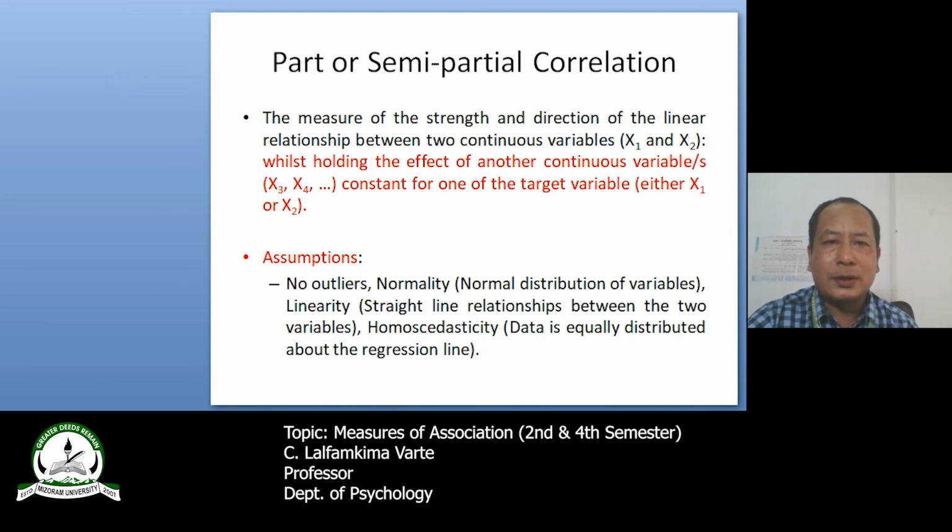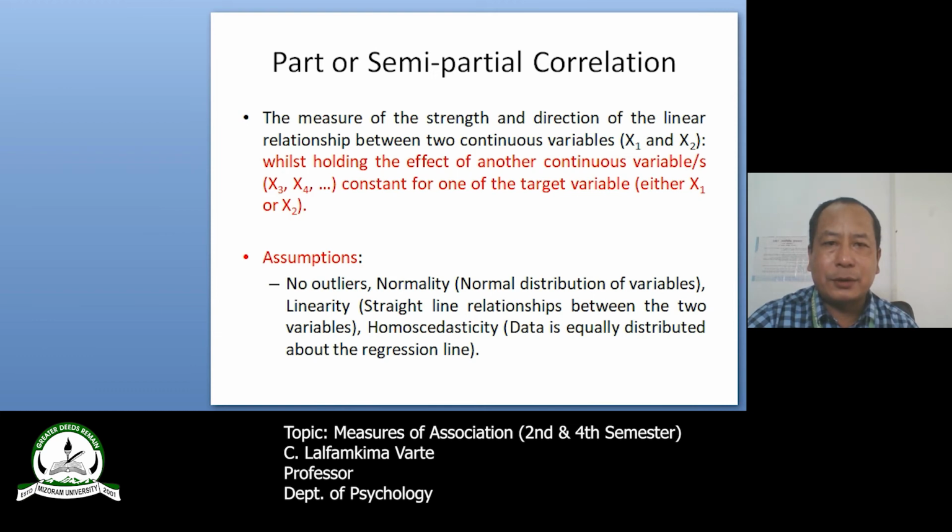Therefore, the measure of strength and direction of the linear relationship between two continuous variables, say for example x1 and x2, whilst holding the effect of another continuous variable or variables x3, x4 and so on constant for one of the target variables, either x1 or x2, is referred to as part or semi-partial correlation.